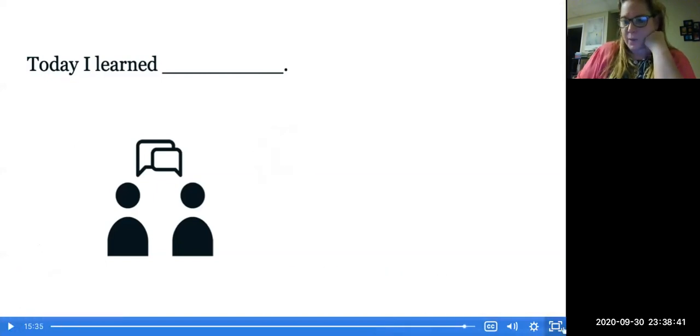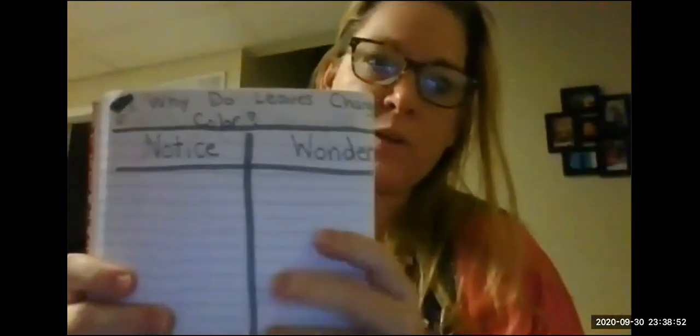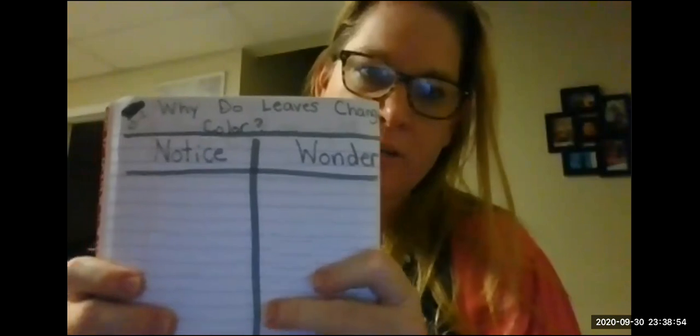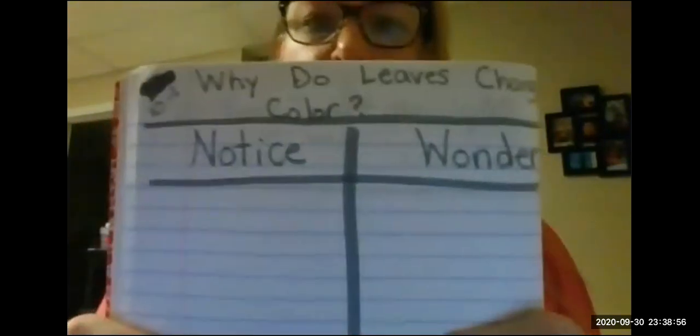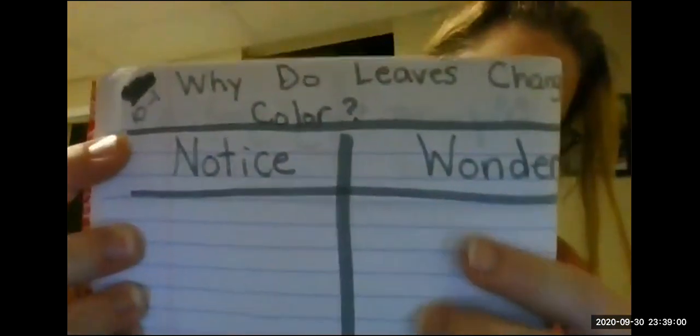Okay, so in your knowledge response journal on page 28, you're going to do your notice and wonder chart. So you need to put why do leaves change color at the top of the page and today's date, 10-1, and write notice and wonder.